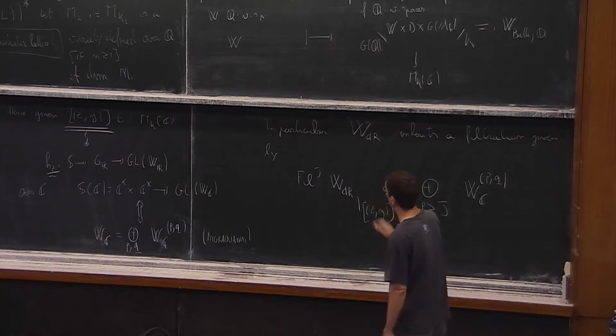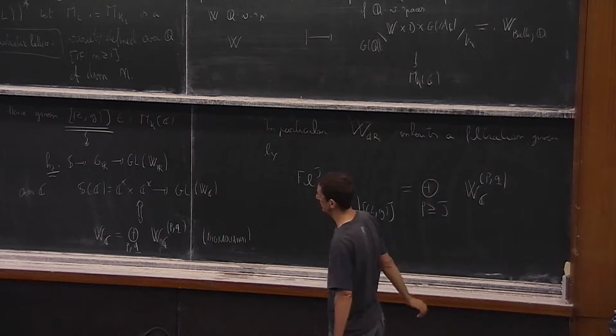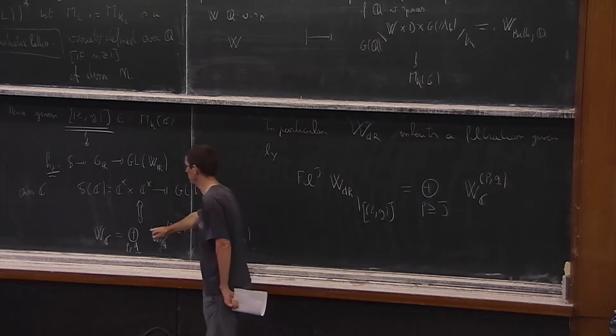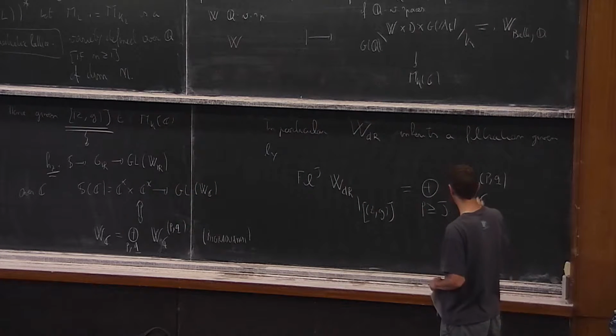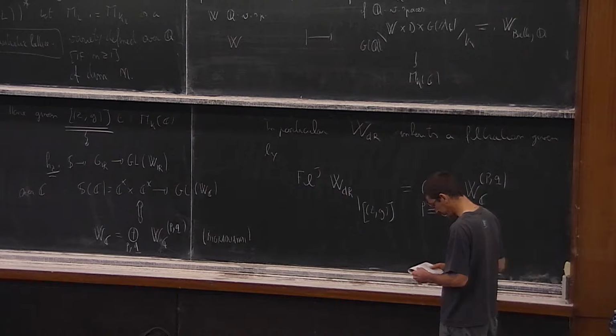Okay? So in my picture, I can enrich the structure by having this graduation, and on V de Rham having such a filtration, such a decreasing filtration.